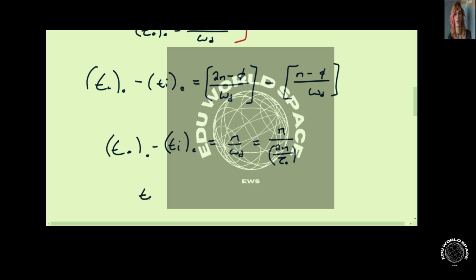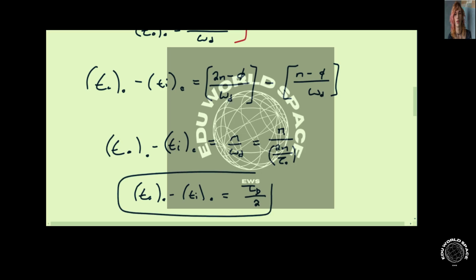So because of this, we have t initial zero equals tau divided by 2. Okay? And that's the answer for B.